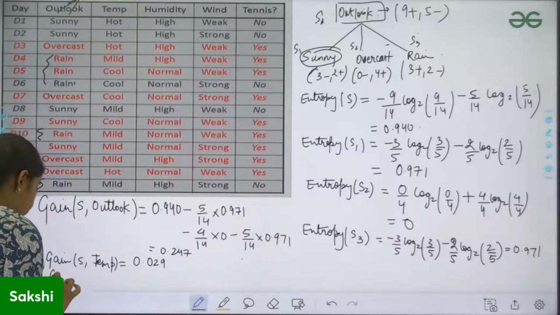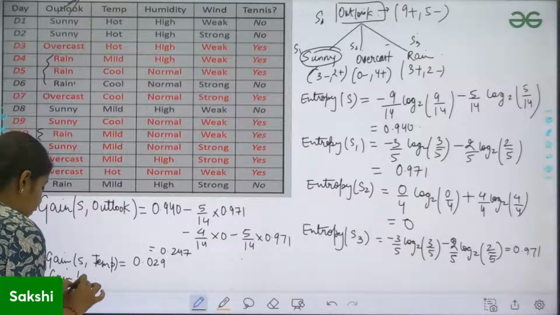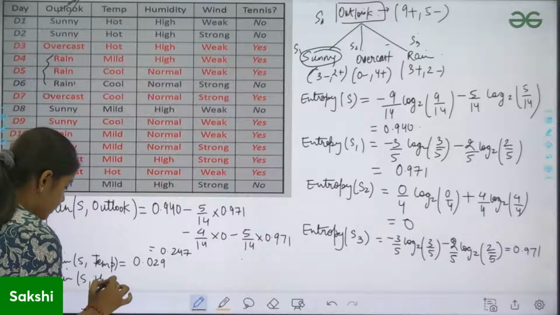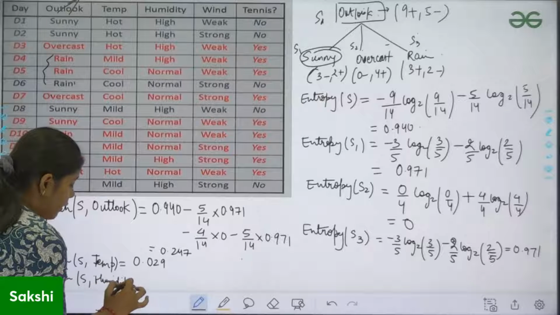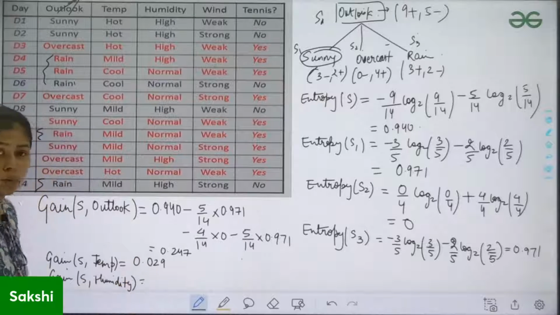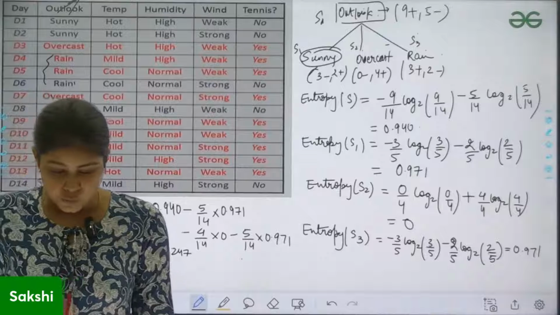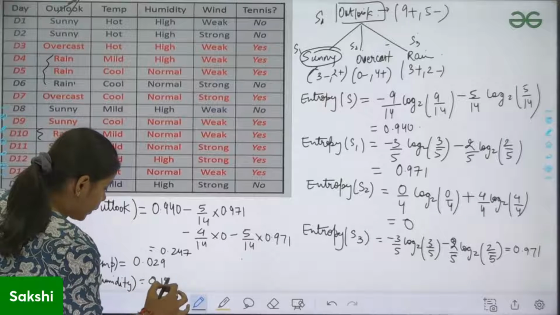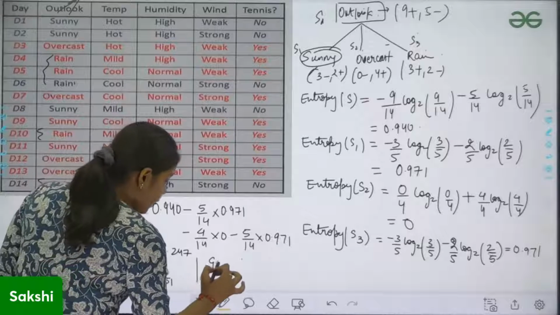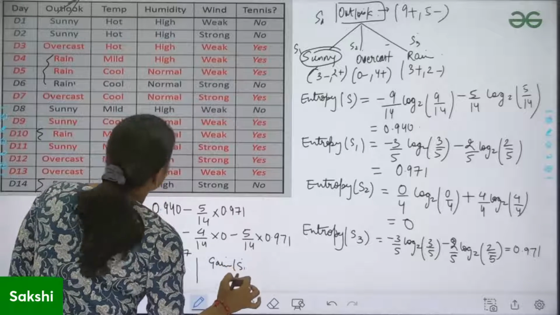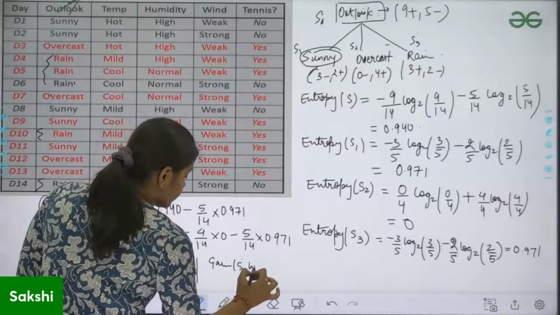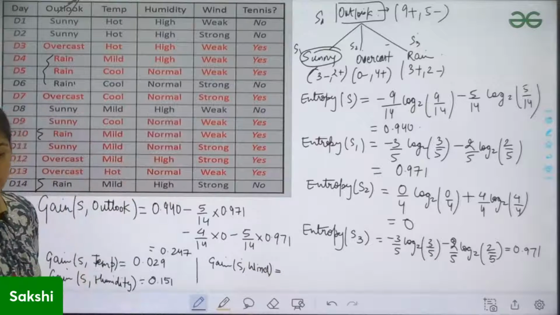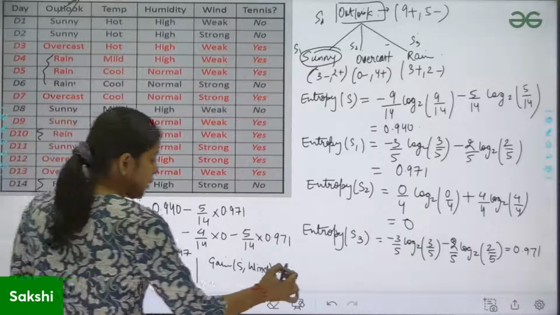And if I find the gain using the humidity feature and the wind feature, you have to do the same thing which I have done for Outlook for all these features. For humidity, it would be 0.151. And similarly, I can find out the gain for this wind feature, that is 0.048.